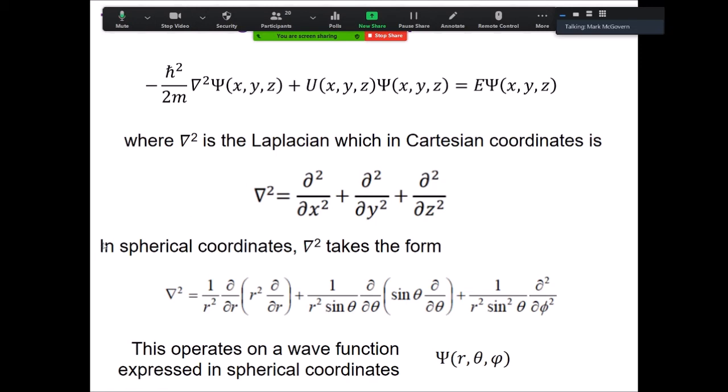In spherical coordinates, the Laplacian has a completely different form. It takes the form of a nightmare, which is given right here. So instead of these 3 partial derivatives, we have these other 3 partial derivatives. 1 over r squared, partial with respect to r, times r squared partial with respect to r, then the term for theta, then the term for phi.